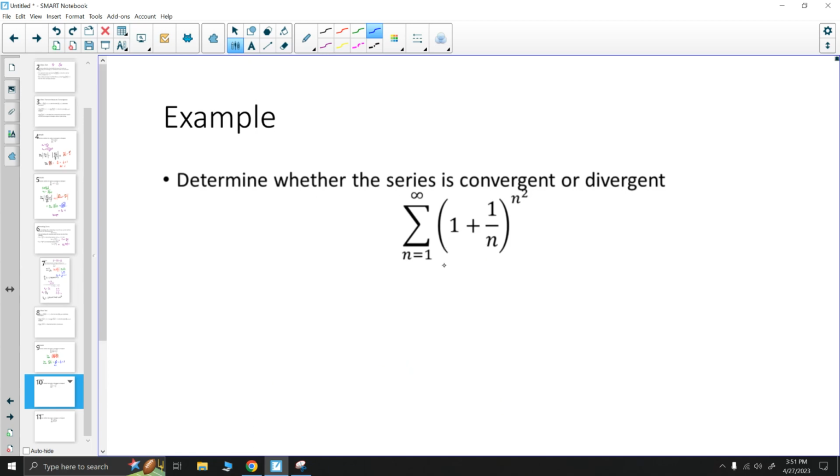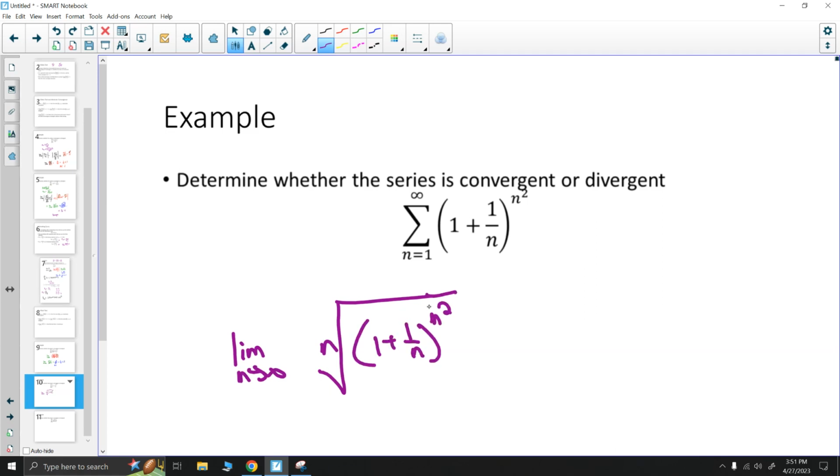Okay, so here we have n squared, but the big thing is I have an n in the exponent for this whole thing. So I'm going to use the nth root. So we're doing the root test, limit as n approaches infinity of the nth root of 1 plus 1 over n to the n squared. Now, if you are wondering, how's the nth root applied to this n squared?